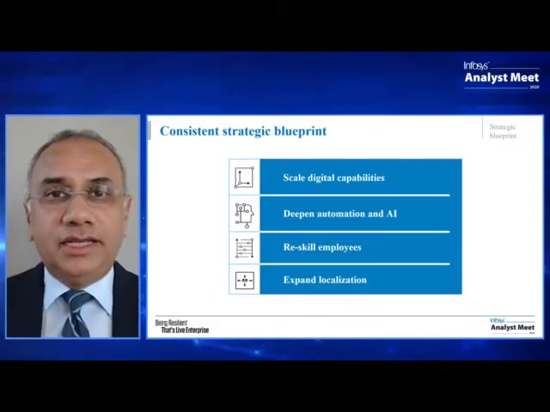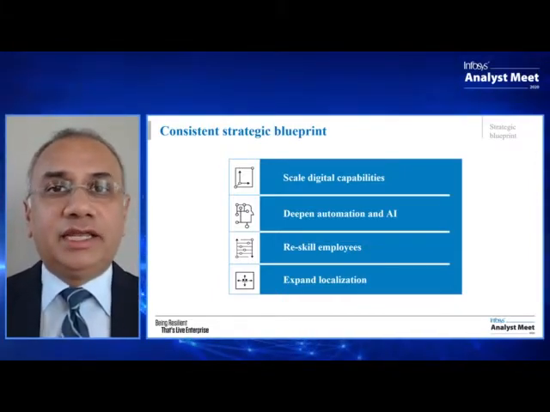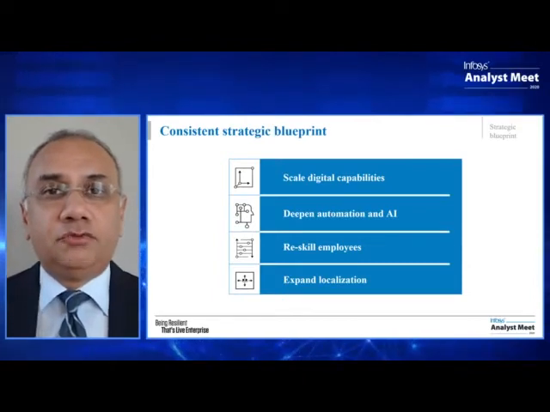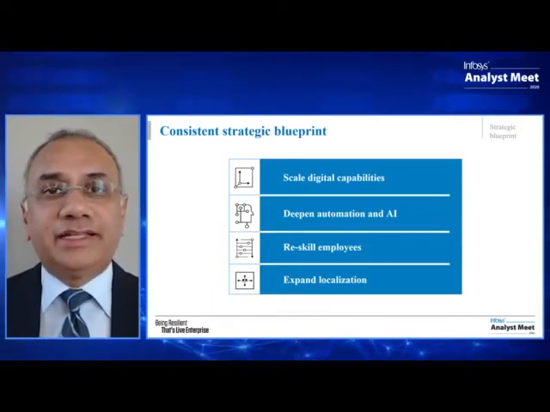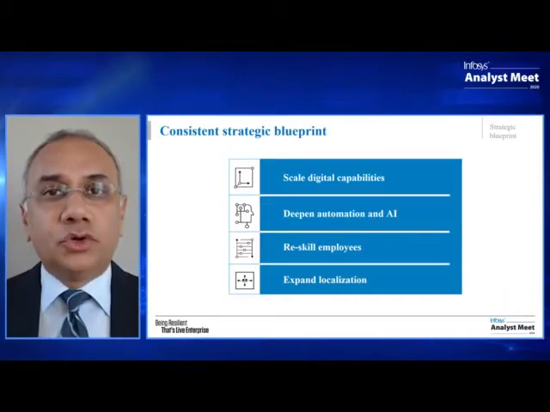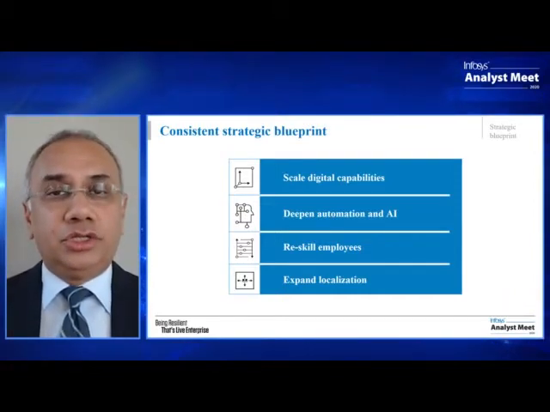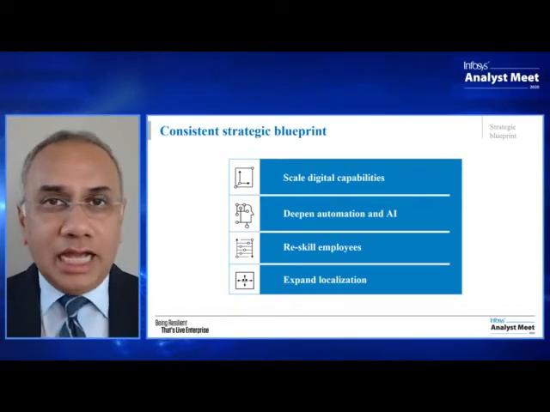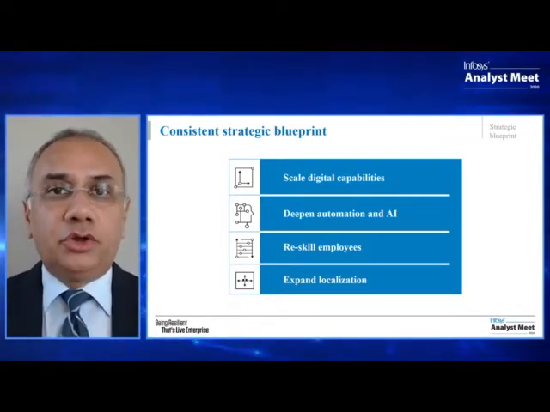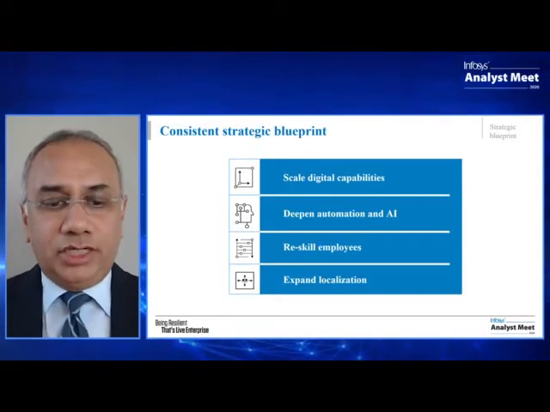The third, an extreme focus on reskilling employees, and you'll hear a little bit later in the session from Praveen on what we're doing in that space. And finally, a lot more focus on localization. And again, you'll hear a little bit later in the session how we are driving localization by expanding in Europe, in US, in Australia.